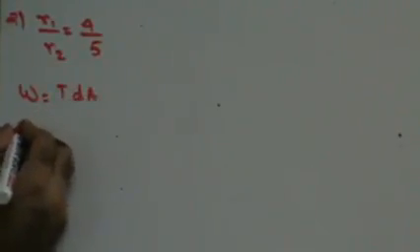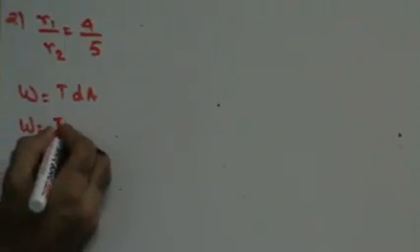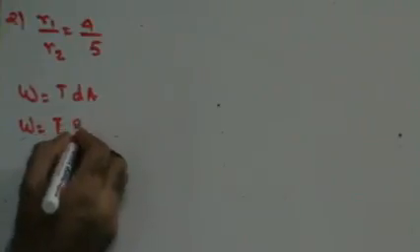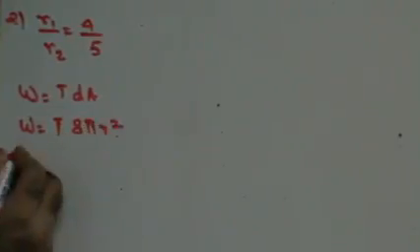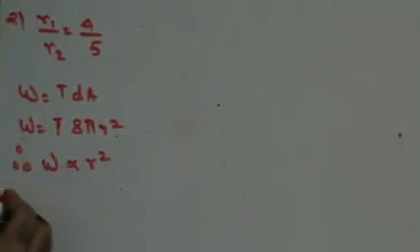Now work done is tension into change in area. The soap bubble is in the form of a sphere and it has two free surfaces. Therefore, this is going to be 8 pi r square. Hence, I can say that work done is directly proportional to r square.